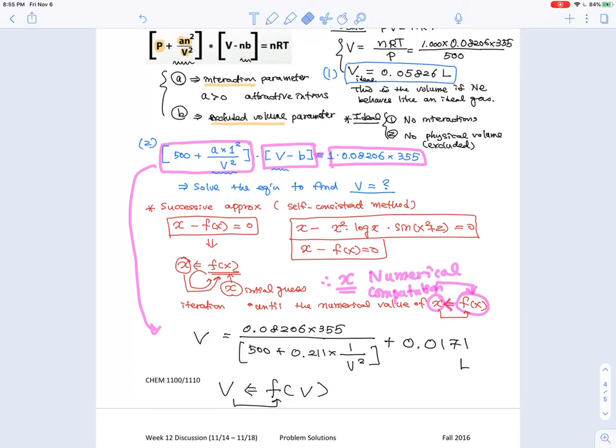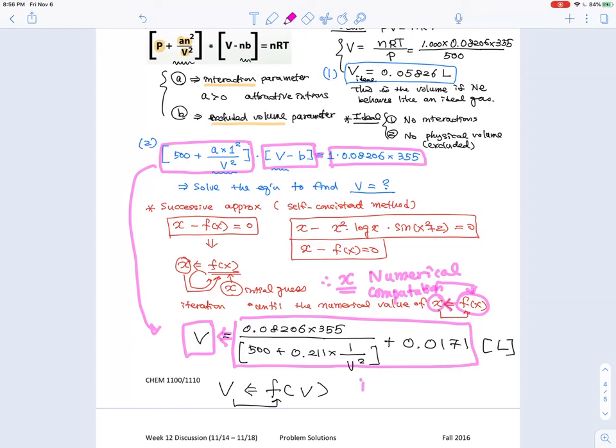We are talking about the unit being liter here now. But once again, by looking at this equation, this volume and this term, which is a function of the volume, should be the same. So we can start to compute.